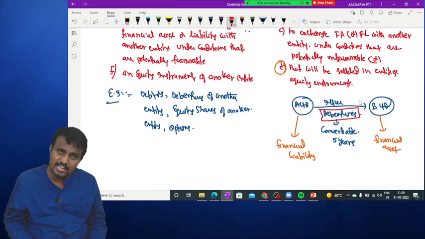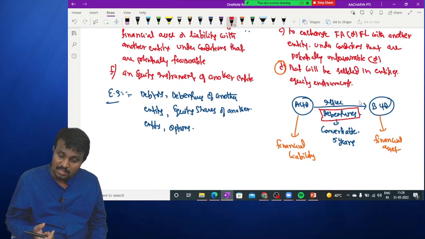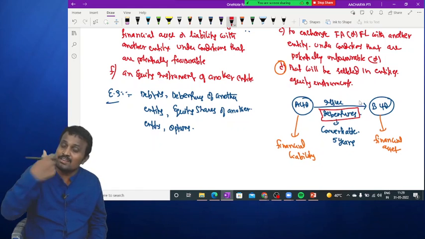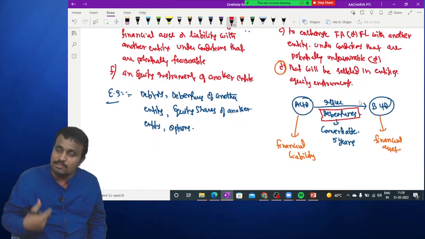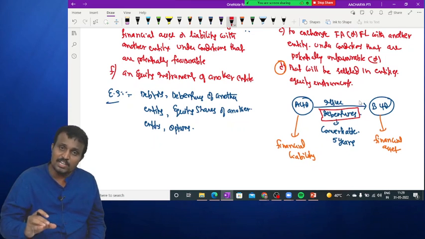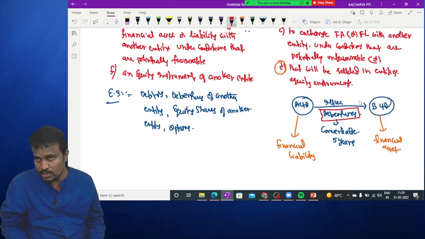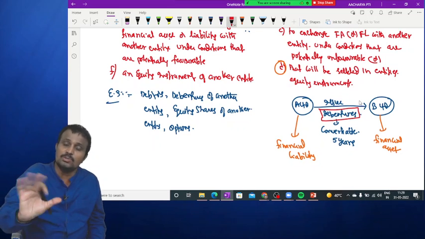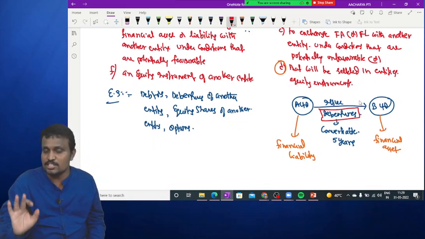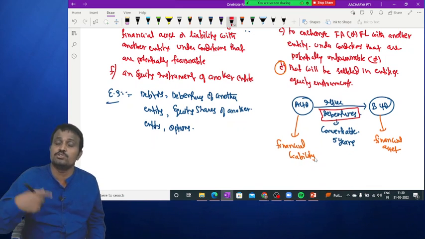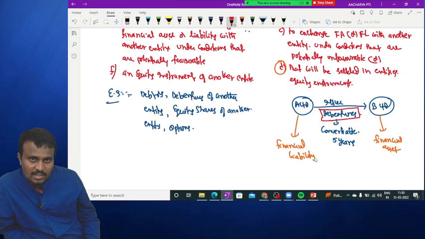In terms of the cash. So here the company gives the option to that party: they may convert their debentures into equity shares, or they may receive the cash. That complete option is in the hands of the debenture holder. If the debenture holder agrees to take the equity shares of the company, then this financial liability is settled by issue of equity shares of A Limited.